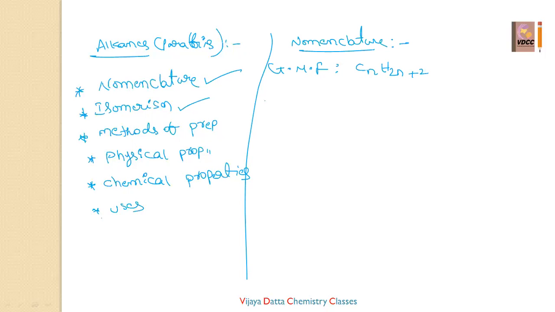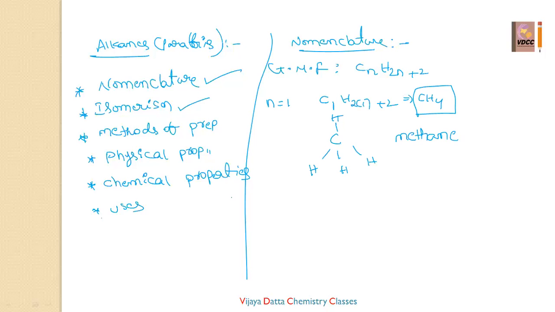If you substitute n equal to 1, then C1H(2 into 1 plus 2), so it is CH4. What is the structure of CH4? Carbon having 4 hydrogens. One carbon is present, so the root word is meth. The functional group: all are single bonds only. So the name of this compound is methane.